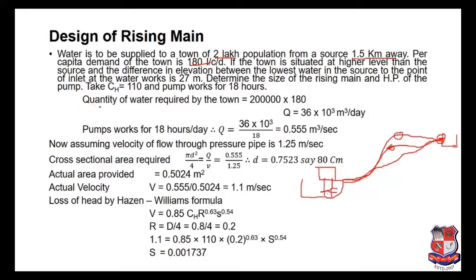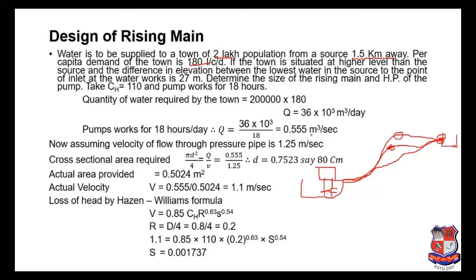So in this example, quantity of water required by the town is 2 lakh population multiplied by 180, right? So Q is equal to 36 multiplied by 10 raised to 3 meter cube per day. Now pumps work for 18 hours per day. So Q will be 36 multiplied by 10 raised to 3 divided by 18.